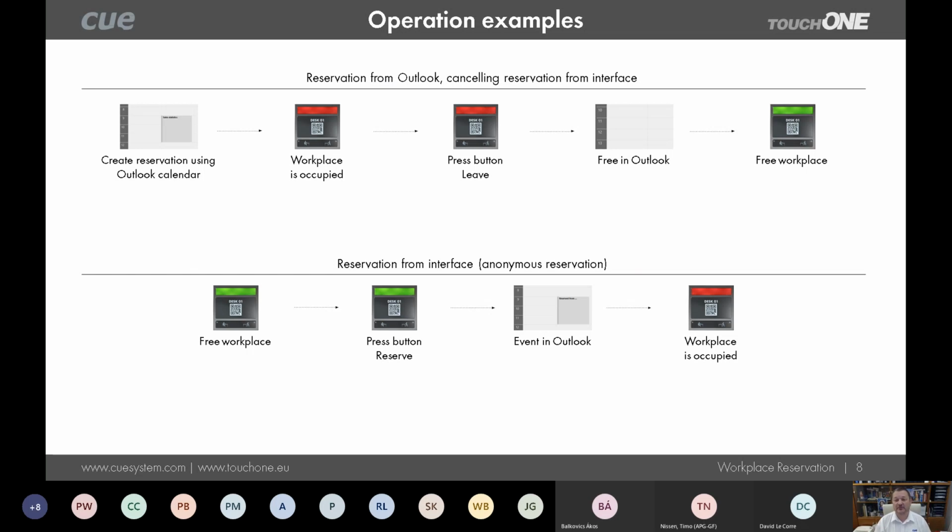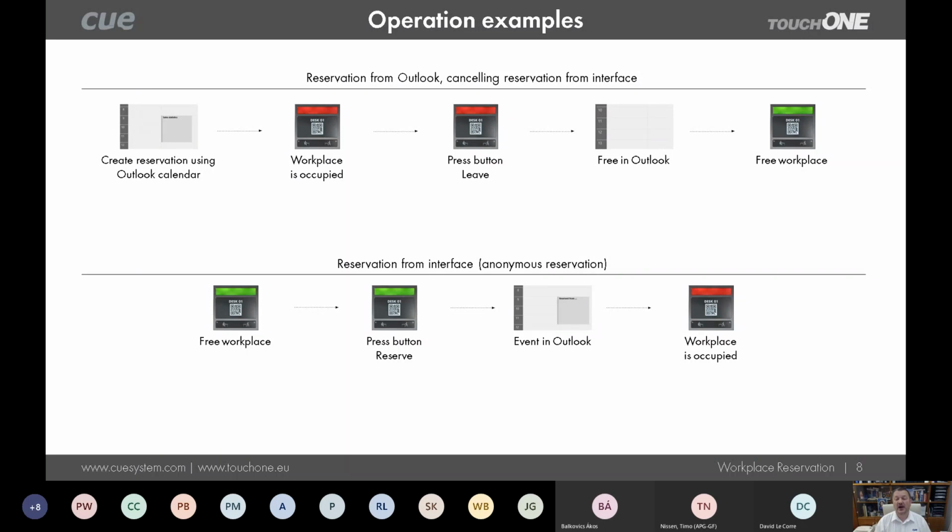So the red means it's occupied, it's busy. Then you can use it as much as you need, and when you leave the workplace, you can press the button for leaving the place, and then you release the place and it's available for everyone else. And in the Outlook calendar, you can see it's free, and the workplace interface is showing a status in green, so that means it's available.